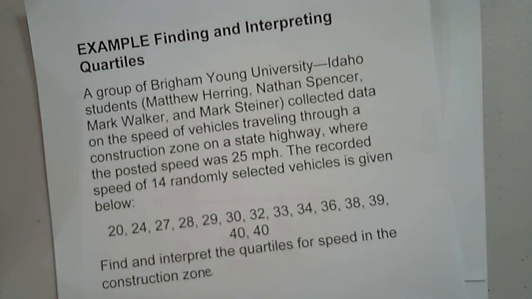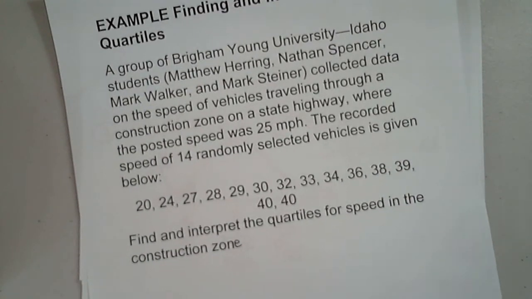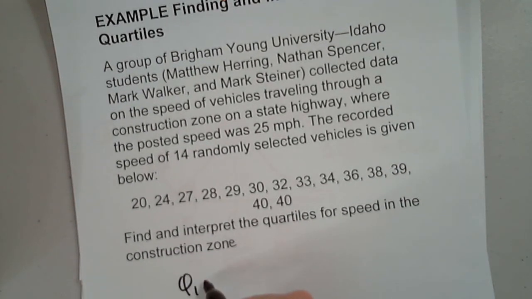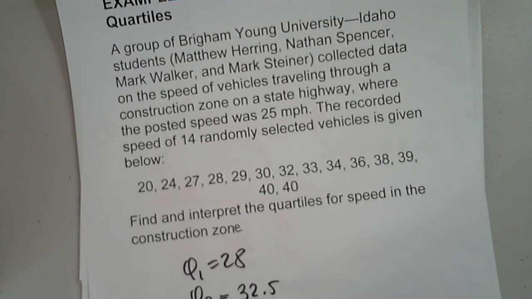Okay, let's enlarge this screen. So now the distribution has a Q1. I'm just going to write them here and then present them. Q1 is 28. Q2, which is the median, is 32.5.